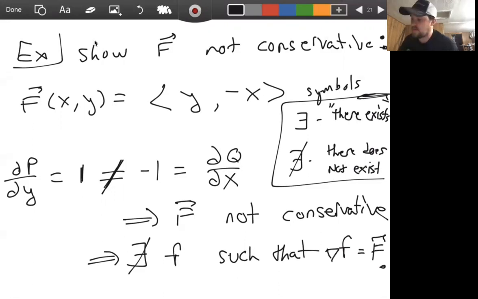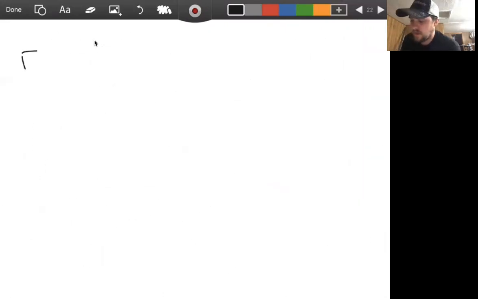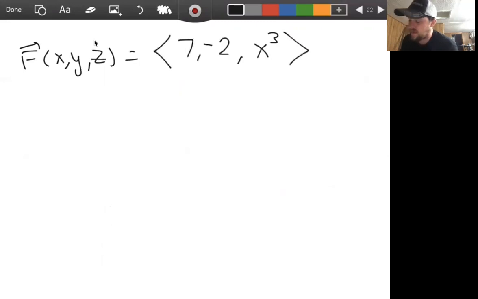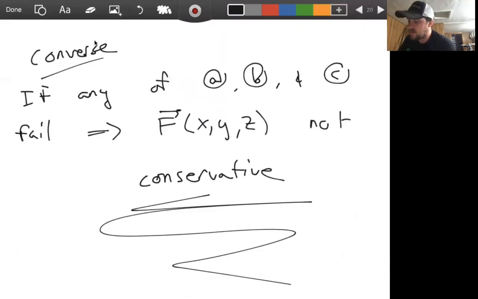Okay, and so let's do a 3D example. Again, let's show that this isn't conservative. F of x, y, z equals 7, negative 2, x cubed. So remember, for the cross partials in 3D, we need to show that if any of A, B, and C fail, then F is not conservative.